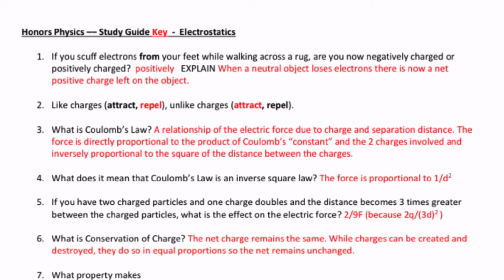If it's greater, then your rug is going to collect the electrons from your feet more than your feet would from the rug. So if your feet are losing electrons, you become positively charged, because your feet are a neutral object rubbing against the rug, and so they lose electrons to it and are left with more positive charges, if that makes sense.